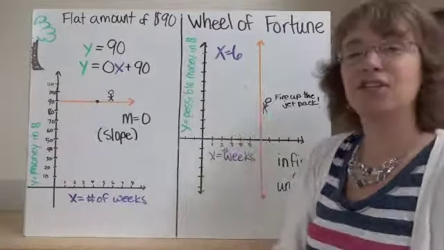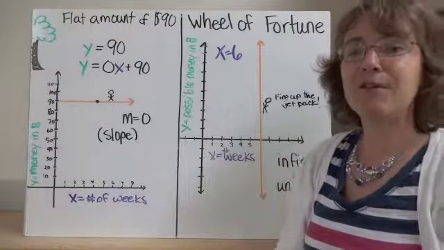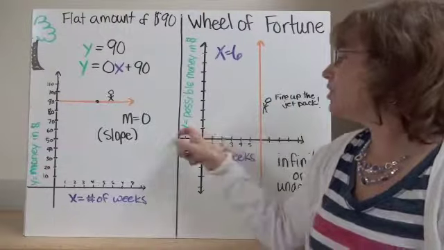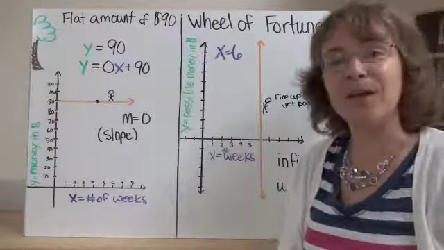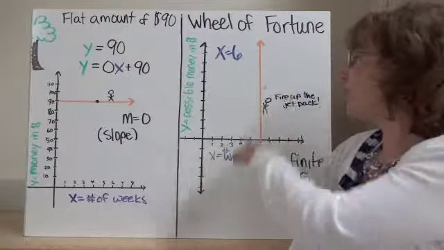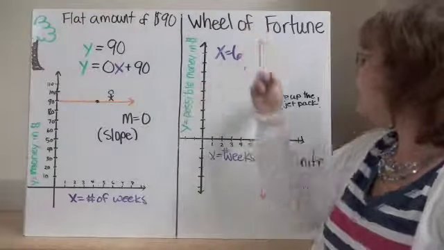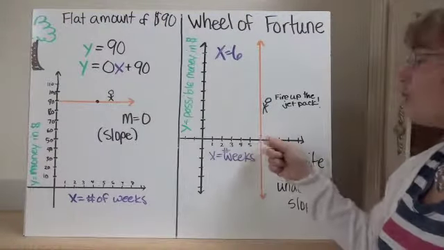So at x equals 6, your week number 6, you have infinite possibilities of the amount of money you're going to make. It doesn't really matter what y is here. So instead of the amount of money, I put y equals the possible amount of money because it's anywhere on the y-axis. You could lose money and you could gain money. Now when I draw this line, I notice that as I go from left to right, I can't even go from left to right.